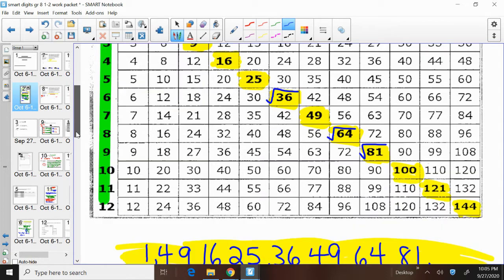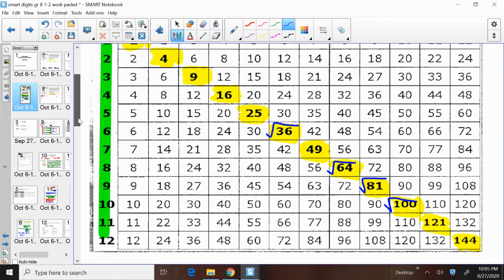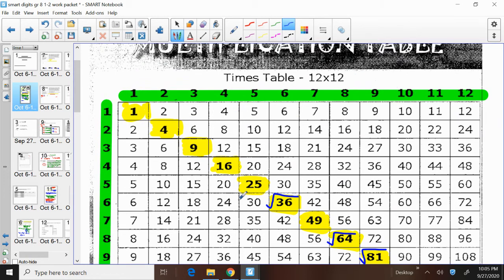What's the square root of 100? Square root of 100 is 10, because 10 times 10 equals 100. So that's really easy when you have perfect squares, because we just look at what number times itself gives it.